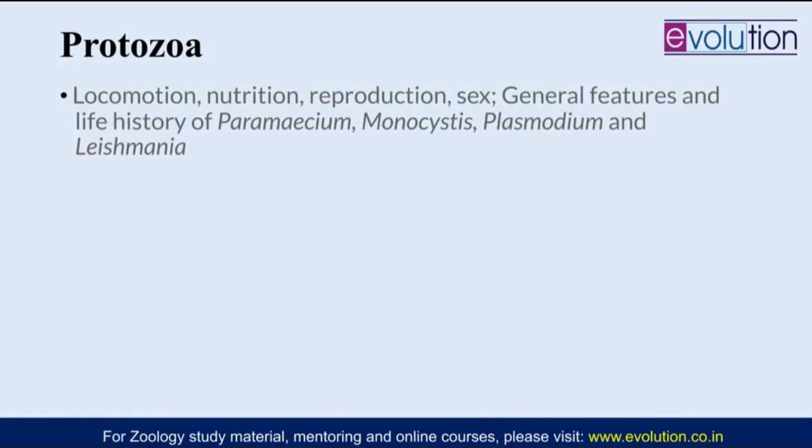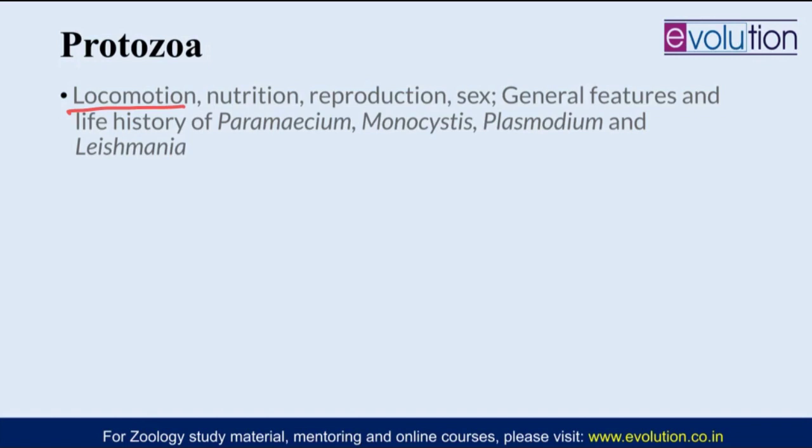Under protozoa, classification is one very important thing you have to deal with, and then you have to study in detail how different protozoans move. How do they do locomotion? They have different locomotory apparatus.